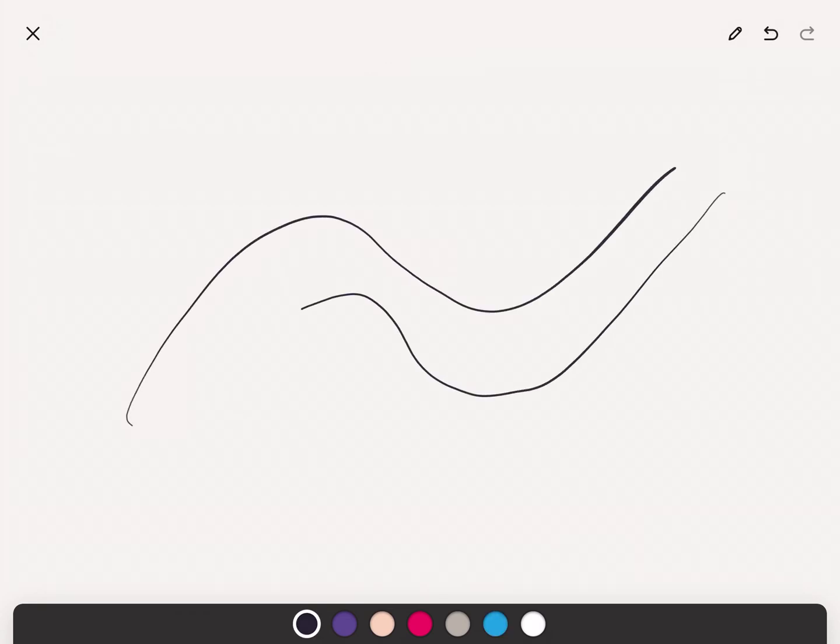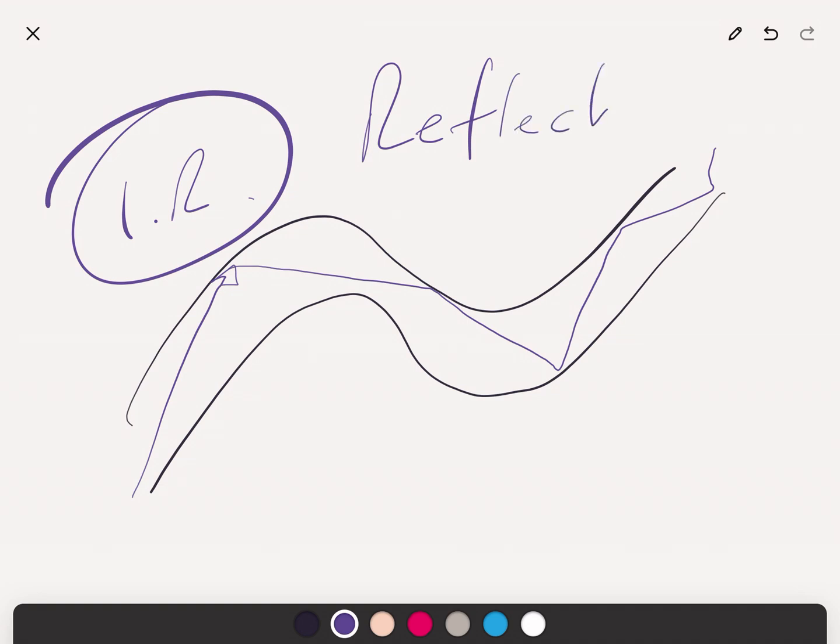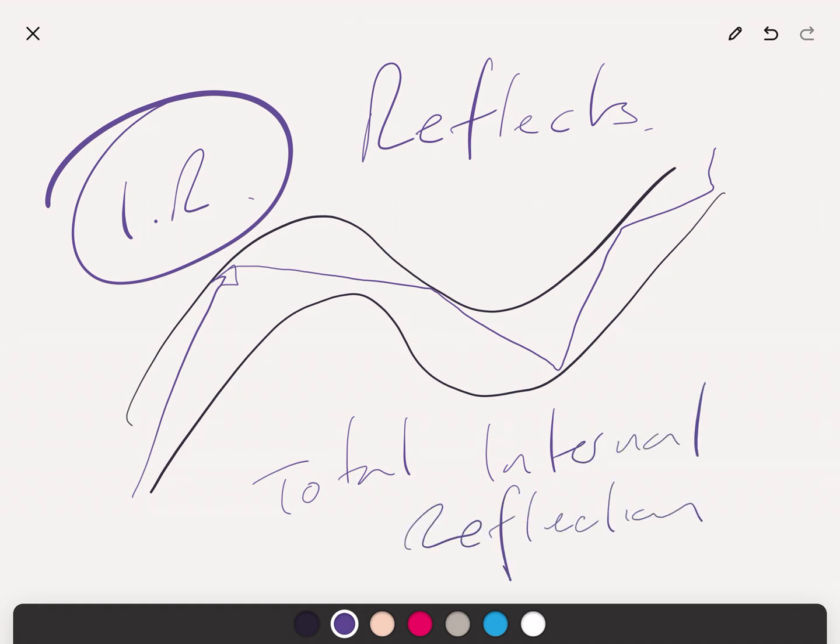Fibre optic cables are how your broadband receives the internet, and it's just an infrared type of electromagnetic wave that bounces off the inside of a plastic cable. We don't say bounces though, we say reflects. It's actually a process called total internal reflection. In other words, all of it reflects inside.